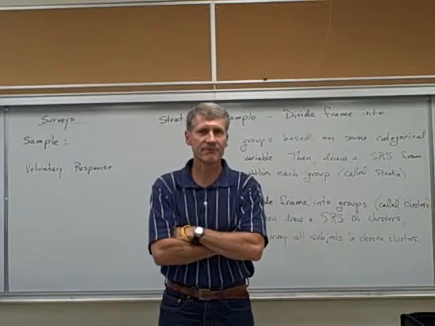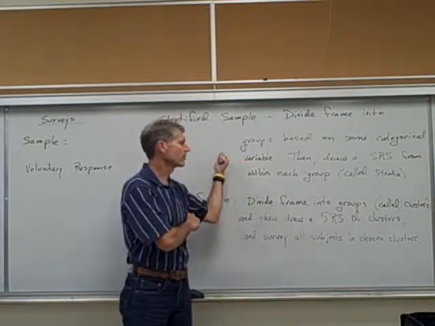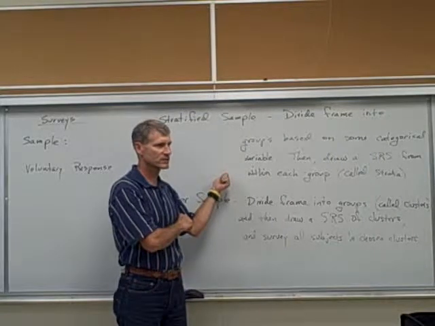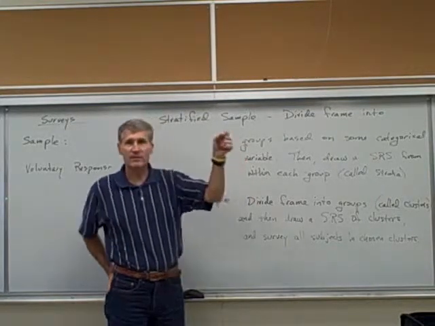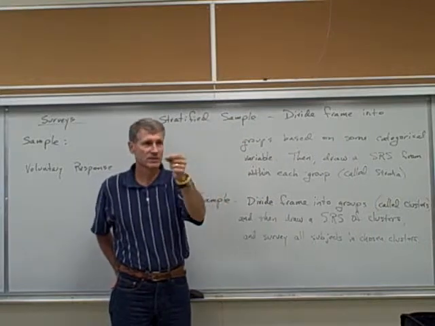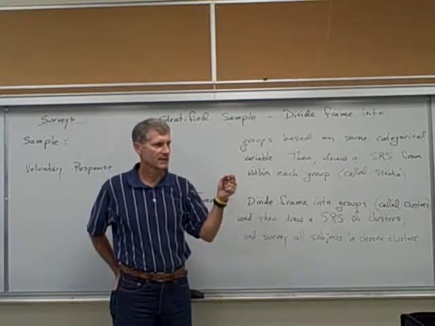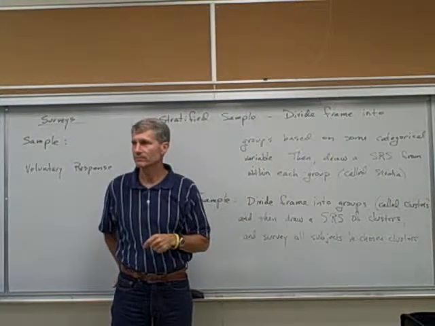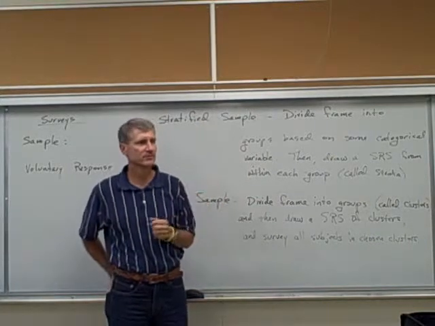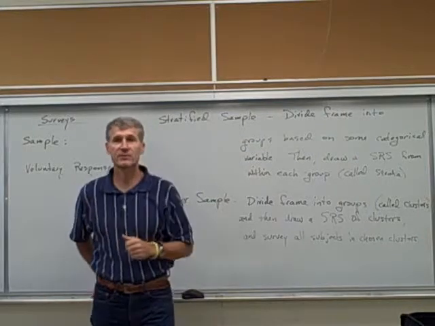If I do a stratified sample, my grouping variable is classrooms. I go into each classroom, every single classroom that's in session that hour, and I draw a simple random sample of the people sitting in that classroom. So maybe I pick 3 people from the class, and they have to take my survey.